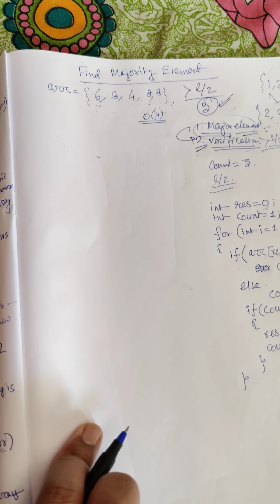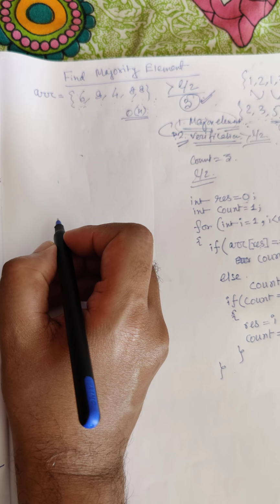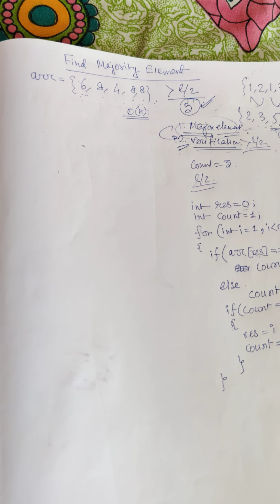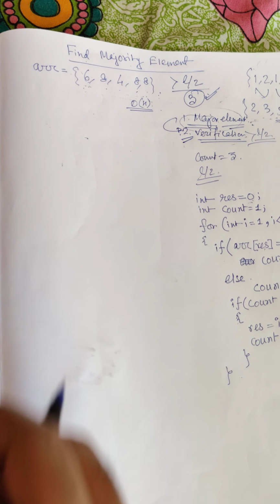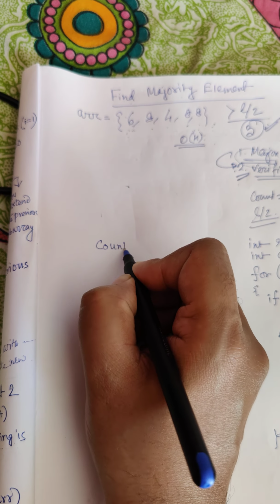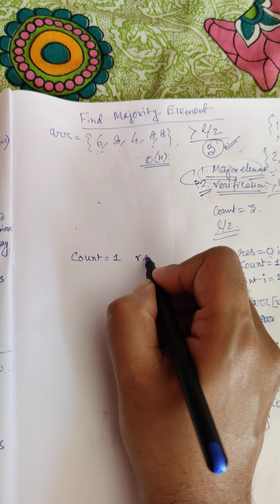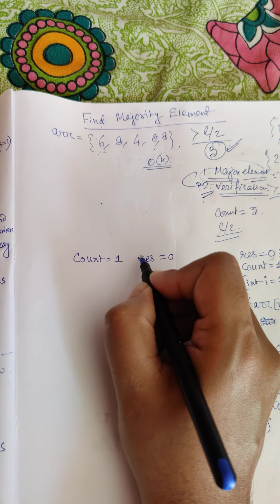Let's move to the dry run. Suppose we have our first index, I equals 0. In the case of I equal to 0, we will have count equal to 1 and res equal to 0, right?